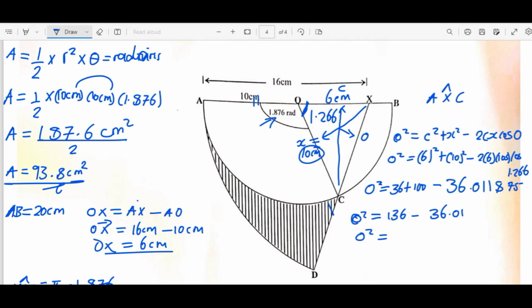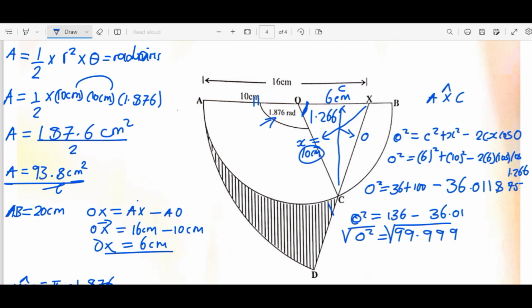If we subtract 36.01111 from 136, I'm getting 99.999. Then we take the square root.